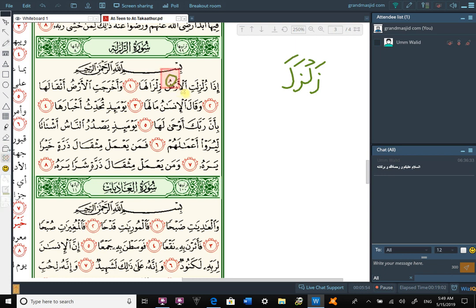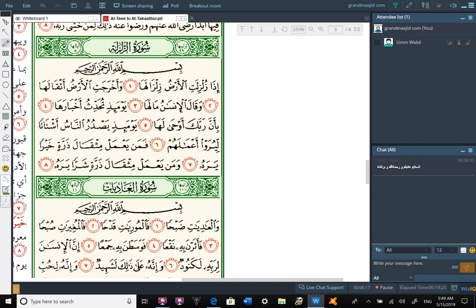Normally, it is the object of the verb. When the earth is shooken, like in English, the earth here would be the object of the verb. What got shook? The earth. But because it is in a passive form, when the earth is shooken, it became the subject.